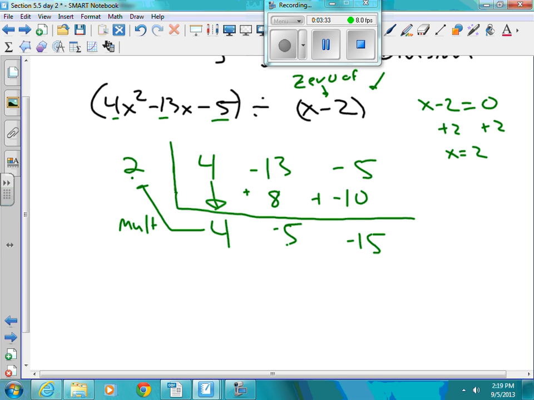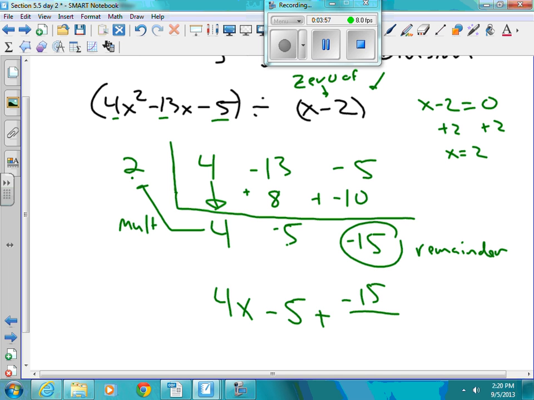X squared divided by x lowers the exponent value by 1, so it's going to end up being 4x minus 5 plus, this is our remainder. So it's not the solution, it's our remainder: negative 15 out of, well, what did we really divide by? We divided by x minus 2.